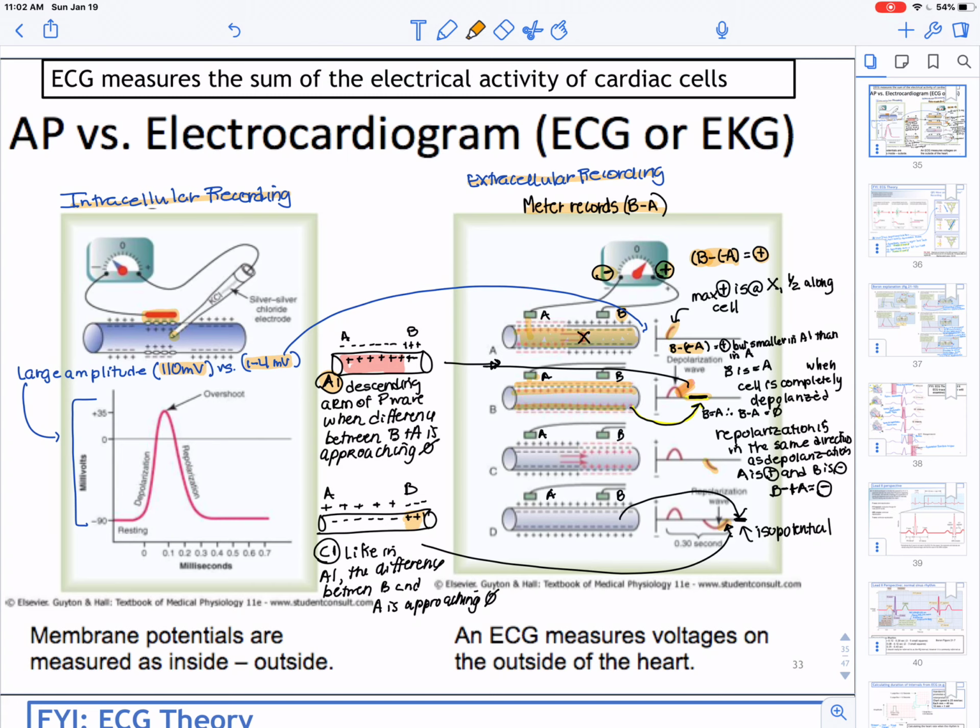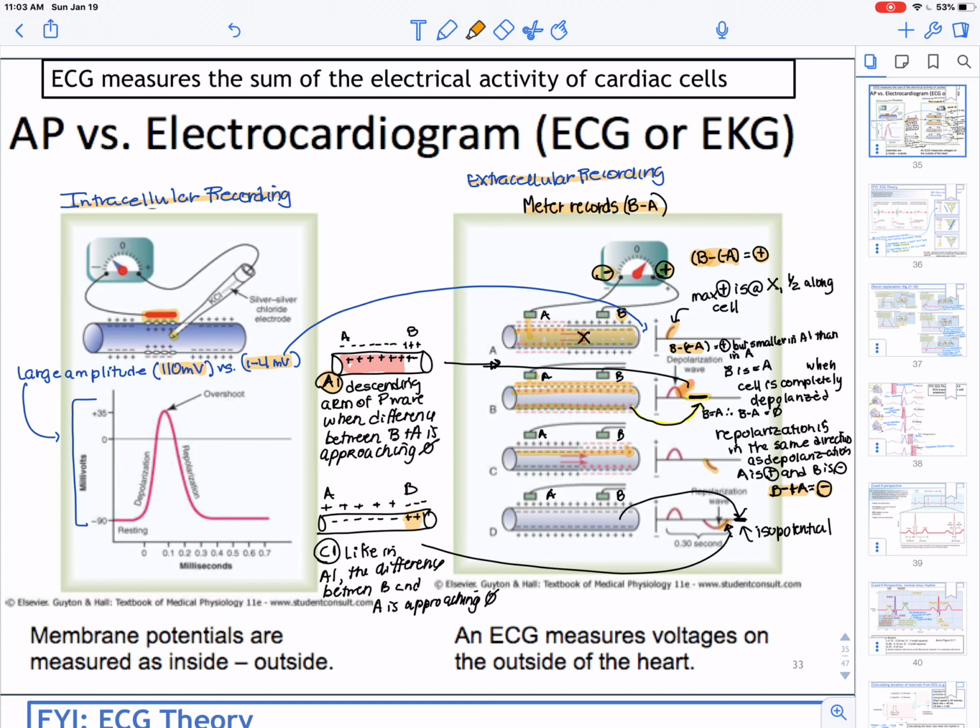And now we are going to look at the trace going in the downward deflection, and this is repolarization, for example. There are other situations in which this could occur, but this is repolarization, and it's with the same vector. So A now becomes positive, and B is negative. So we're subtracting B minus a positive A and getting a downward negative deflection.